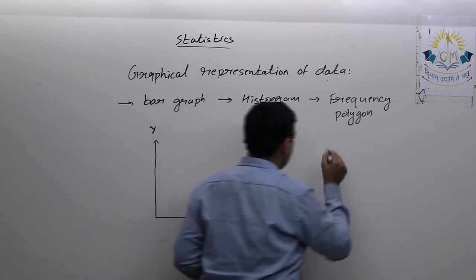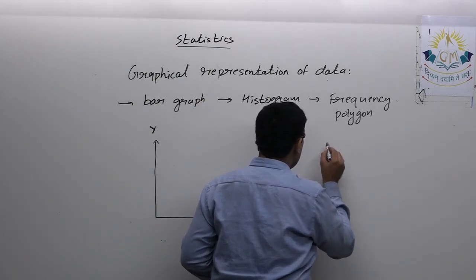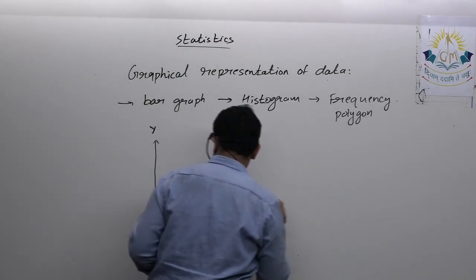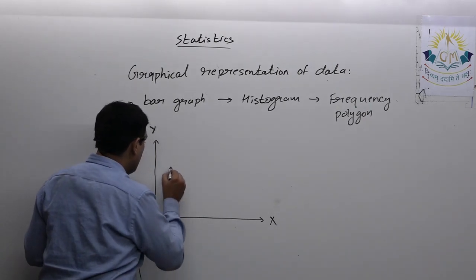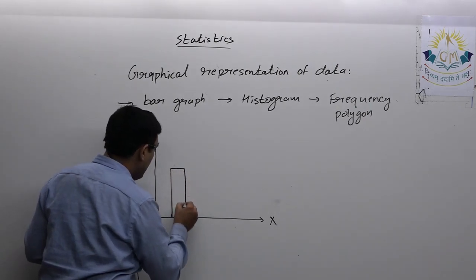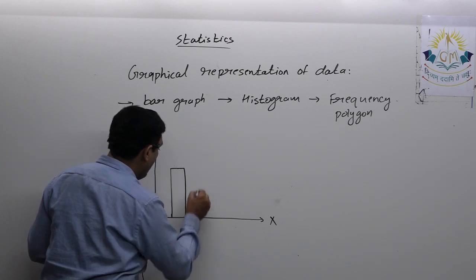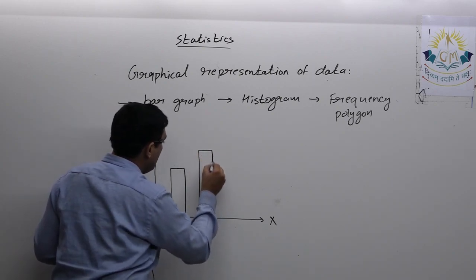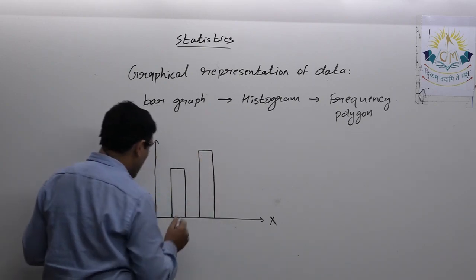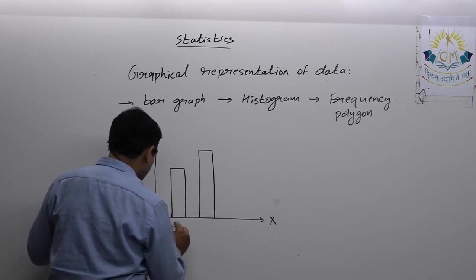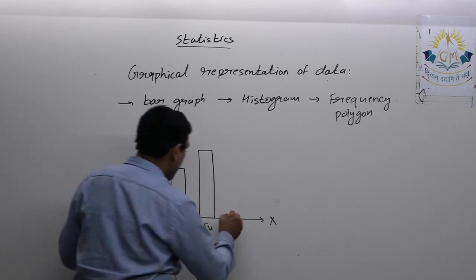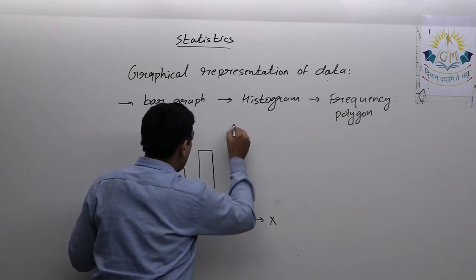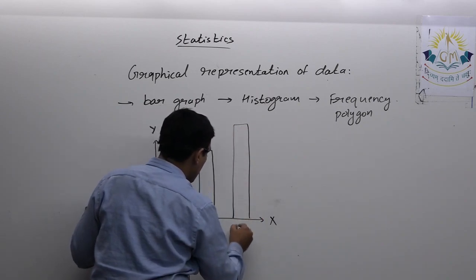For example, suppose different activities are given on the x-axis. We draw the graphs in this way by keeping equal space. Then this is called the bar graph. For example, this is the time spent by you on study, this is the time spent by you on TV, and this is the time spent by you on mobile.